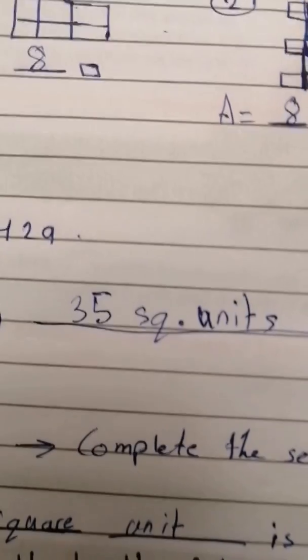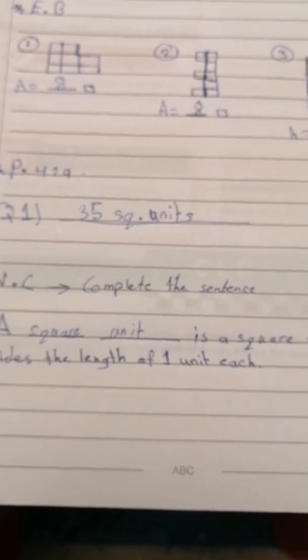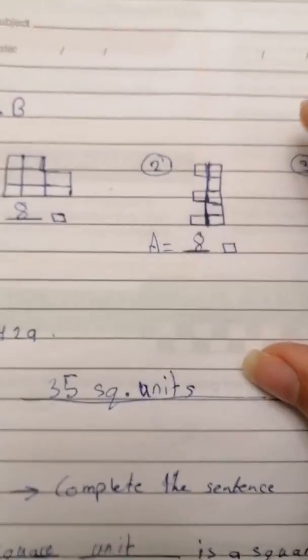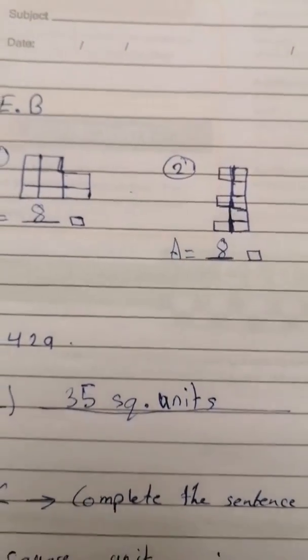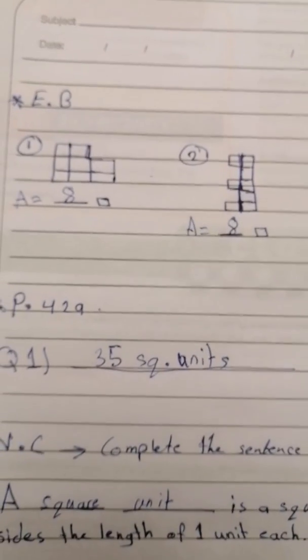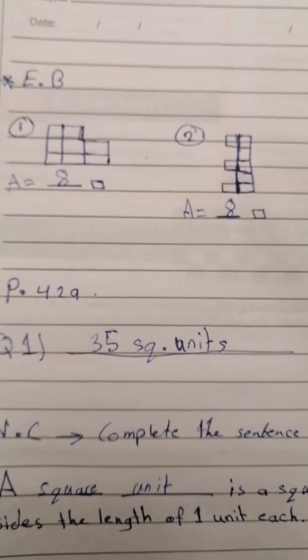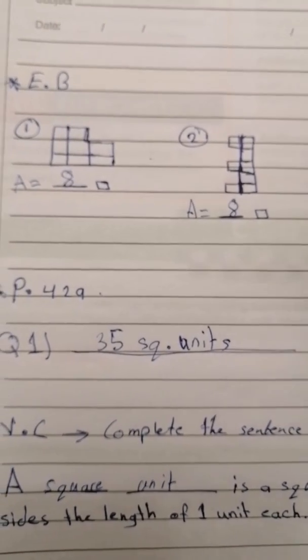A square unit is a square with sides the length of 1 unit each. Okay, so a square unit is a square with sides the length of 1 unit each.